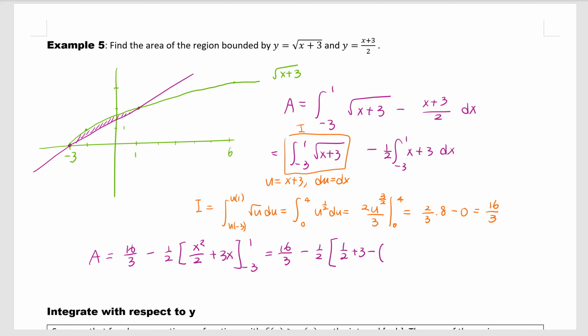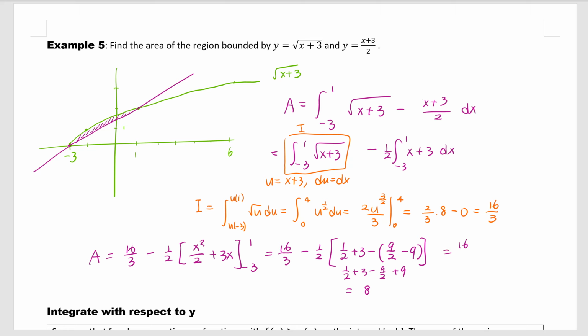Minus 3 squared is 9, minus 3 times 3 is minus 9. So this is 1/2 plus 3 minus 9/2 plus 9. 1/2 minus 9/2 is minus 8/2, which is minus 4. 3 minus 4 is minus 1, plus 9 is 8. 1/2 times 8 is 4.